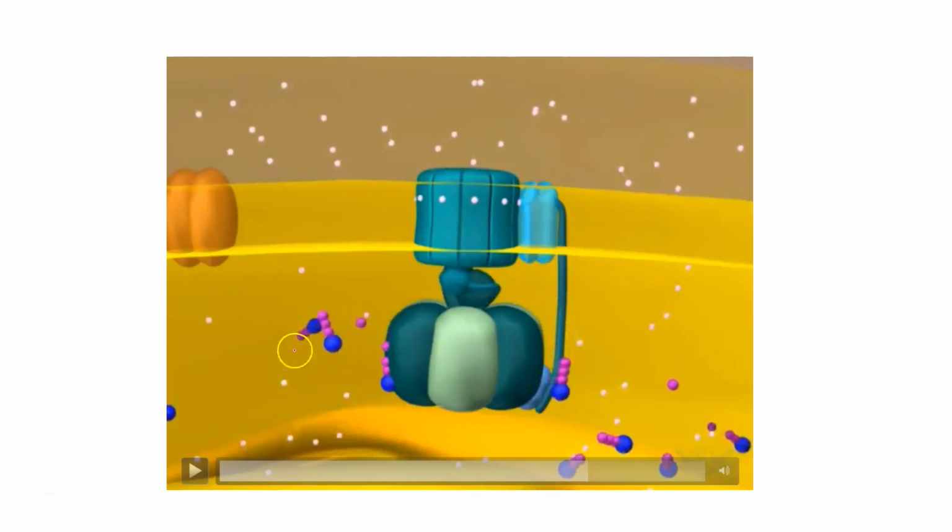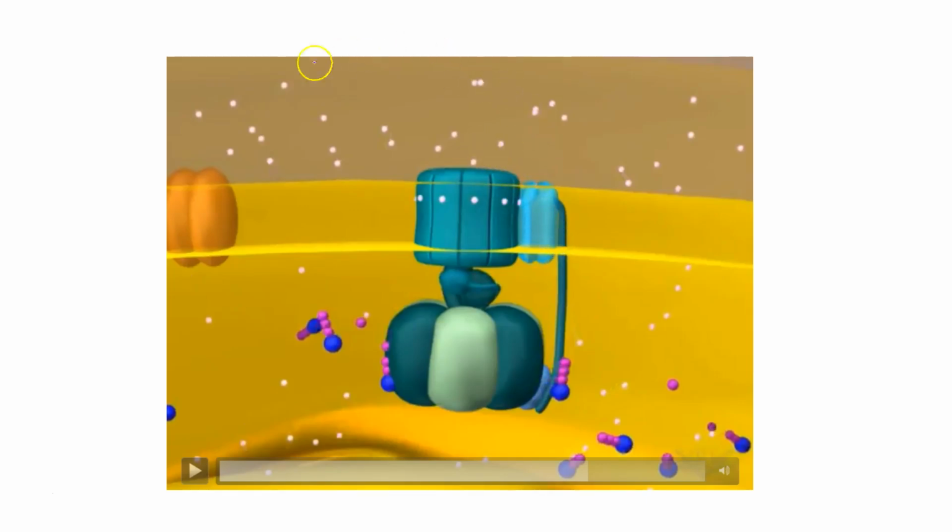How do we keep this gradient, the high concentration to low concentration, established? Because as soon as there's an equal number of protons here as there are here, then there isn't going to be a tendency for these ones to flow through, and then ATP will not be made. So there's a couple of questions here that I have for you.